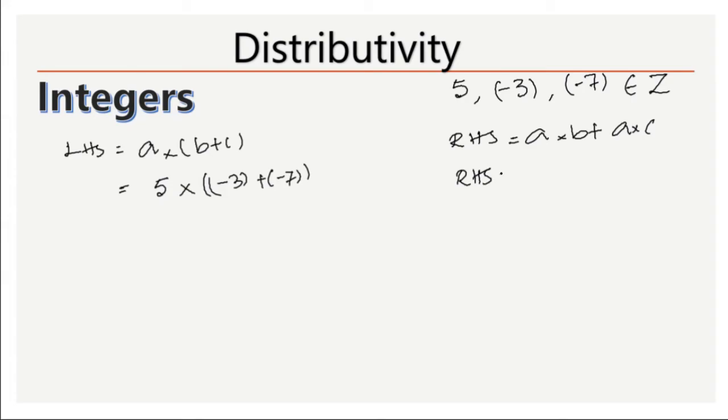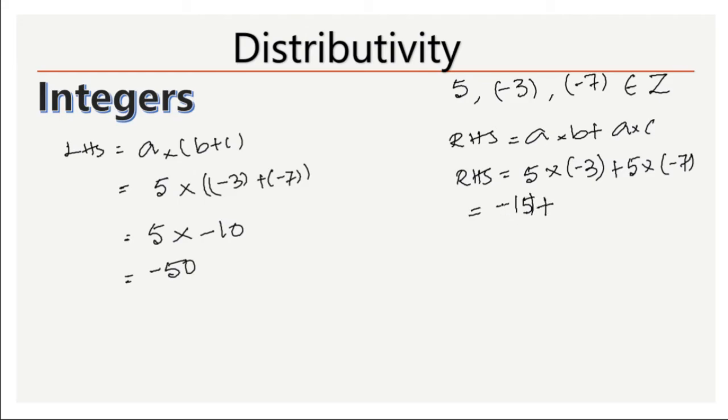In the right hand side we have 5 multiplied to negative 3 plus 5 multiplied to negative 7. So here it's 5 multiplied to the sum of negative 3 and negative 7, which is negative 10. The product is minus 50. And here it is negative 15 to be added to negative 35. Both are like integers, so their sum with the same sign should be considered. It becomes negative 50. Hence left hand side and right hand side are equal to each other.